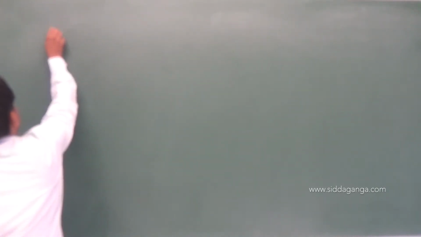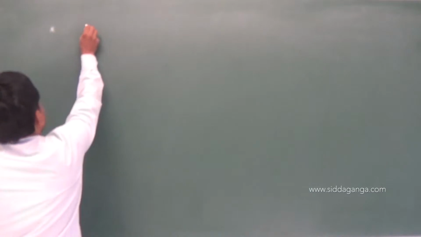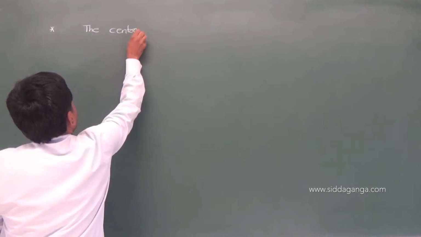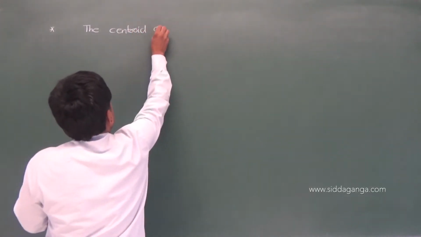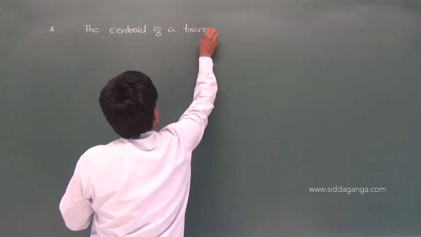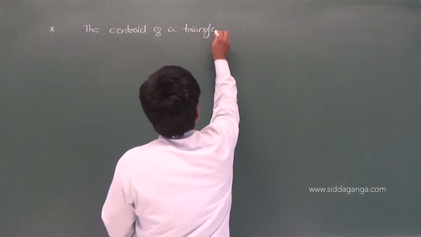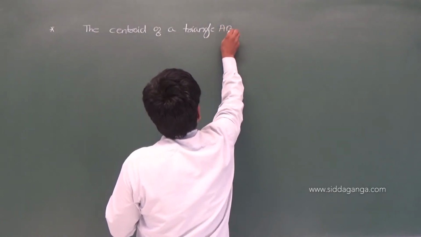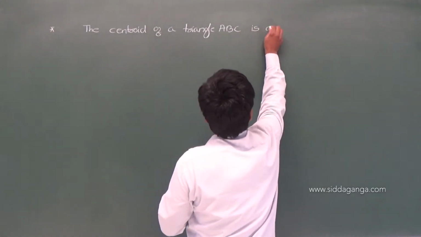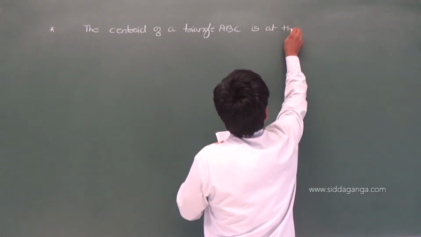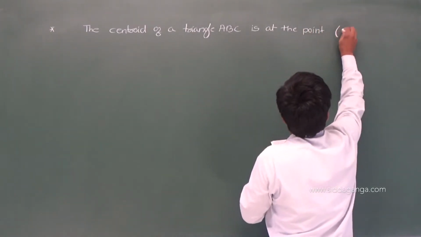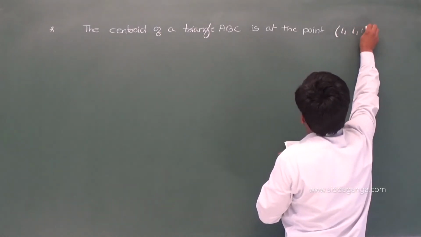Observe here, very important. The centroid of a triangle ABC is at the point 1, 1, 1.